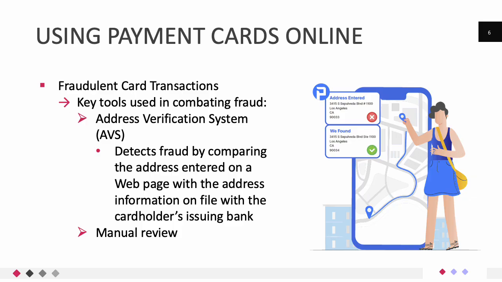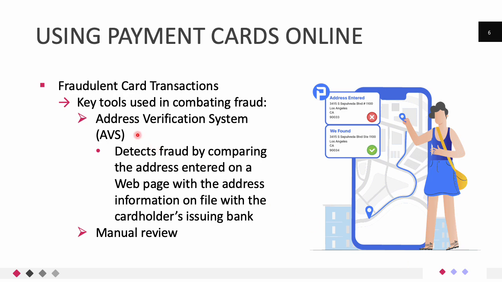Okay, now let's talk about credit card fraud. How shops stop bad guys from stealing your money online. Imagine you're buying a concert ticket on a website. How does the site know you are really you? They use two smart tools.